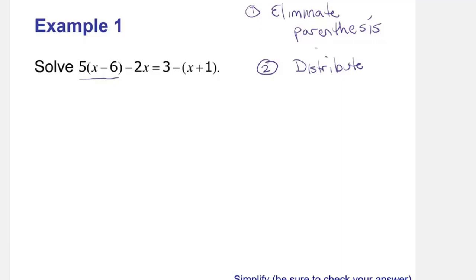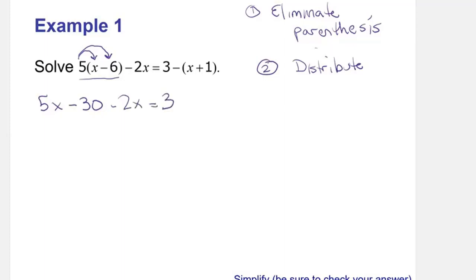When I distribute, that means this 5 gets multiplied by both terms. We end up with 5x minus 30. 5x because I multiply 5 times x, and then minus 5 times 6 is 30. Now I don't need that parenthesis anymore. Minus 2x equals 3.